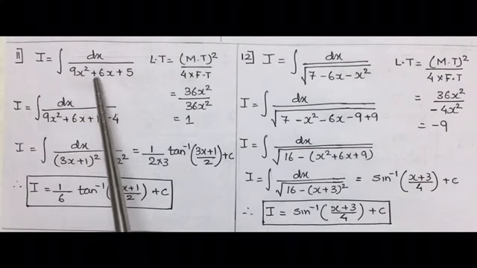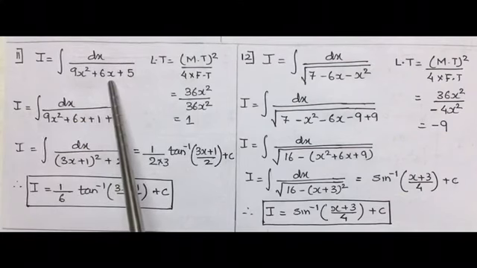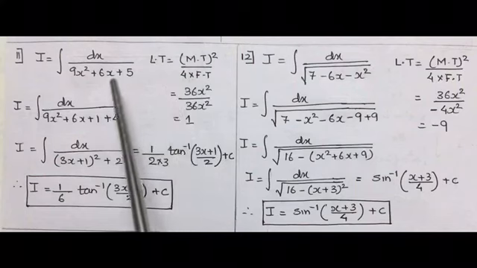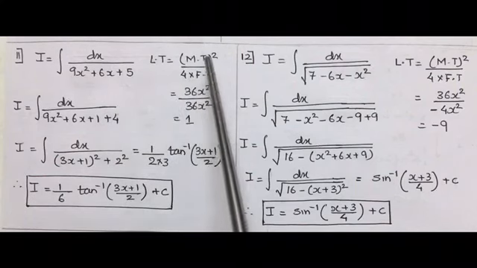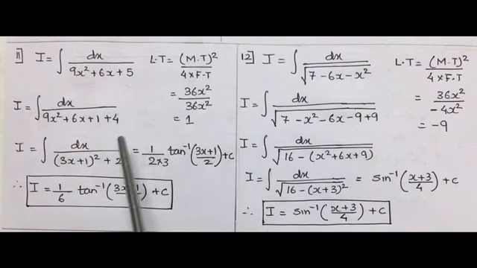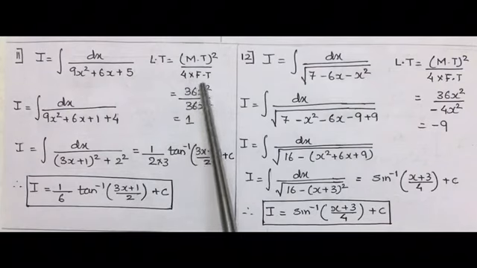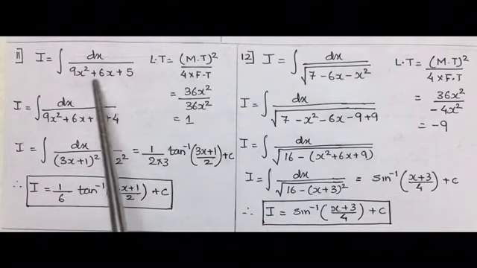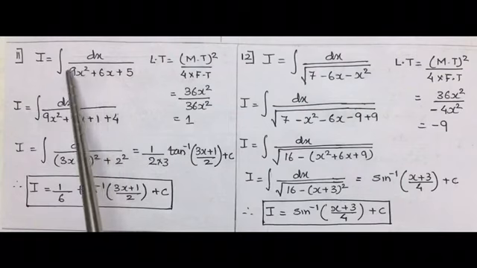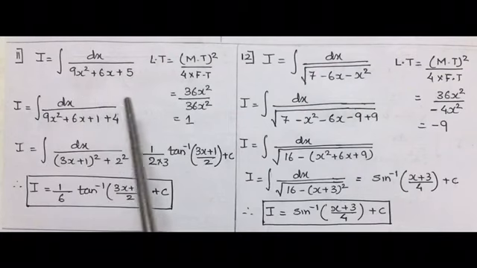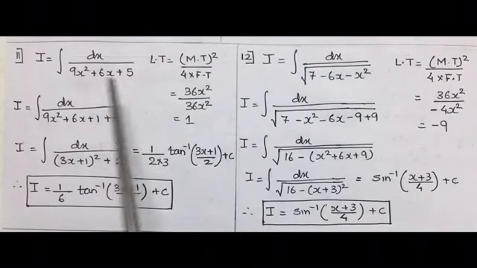Middle term will always be the term containing x. So here 6x is the middle term, its square makes it 36x square, divided by 4 into FT. FT means first term, which will always be the term having x square. So it is here 9x square.